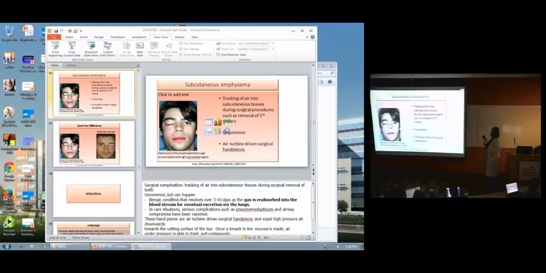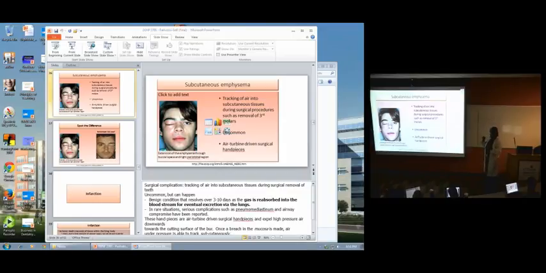This is something that is not common, but it does occur with handpieces. Instead of the air, in some cases you can have air tracking within the subcutaneous tissues, and that's usually referred to as emphysema. Remember, embolism is air within the vessel.